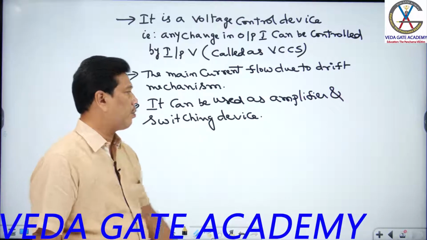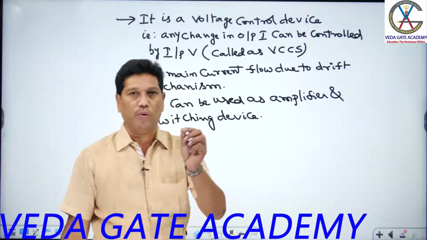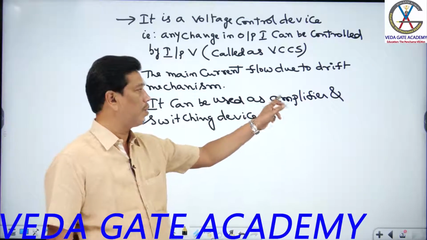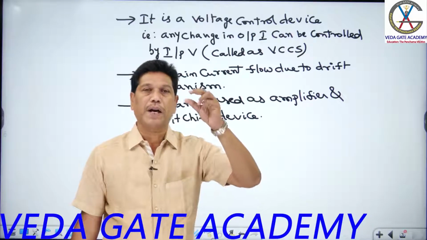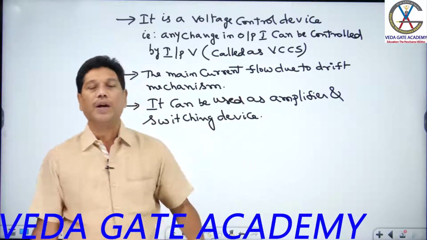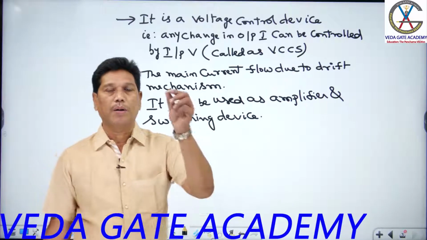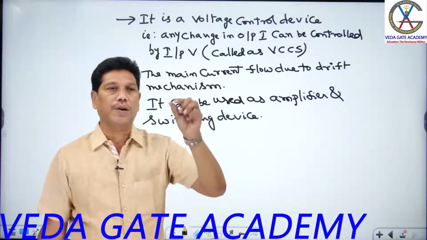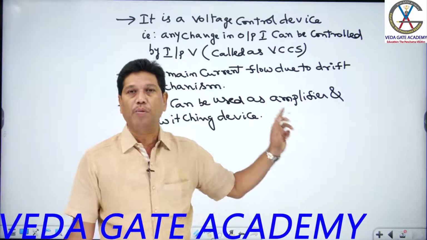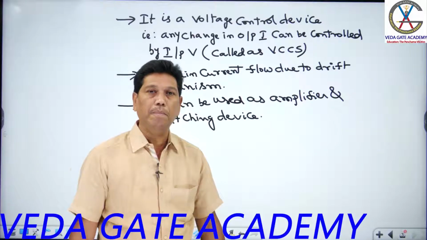But the drawback of that one is the gain is poor. That's a drawback as compared to BJT. Even though it is a good amplifier, you don't expect high gain values in the case of FET and MOSFET, because here the gain value mainly depends on one parameter called transconductance. That transconductance is less, such that FET and MOSFET amplifiers have poor gain as compared to BJT.